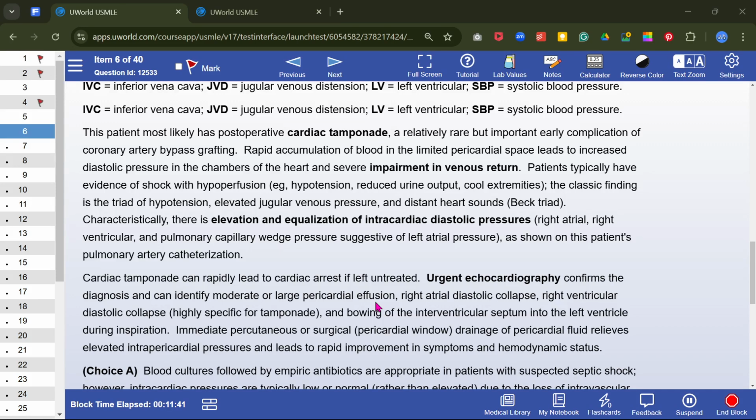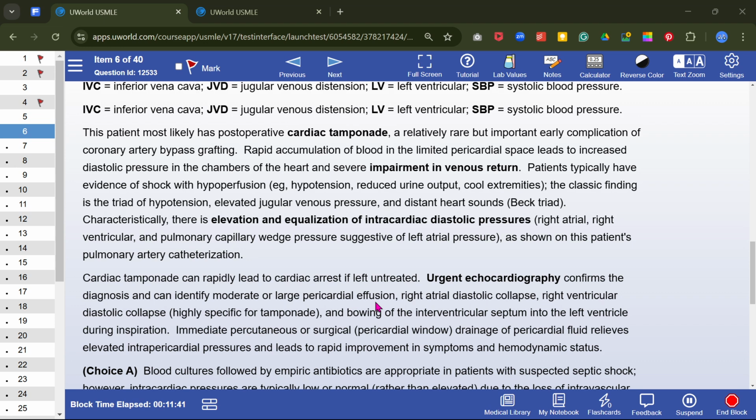Urgent echocardiography confirms the diagnosis and can identify moderate or larger pericardial effusion, right atrial diastolic collapse, right ventricular diastolic collapse, highly specific for tamponade, and bowing of the interventricular septum into the left ventricle during inspiration.